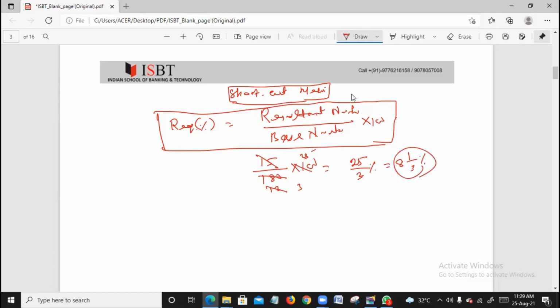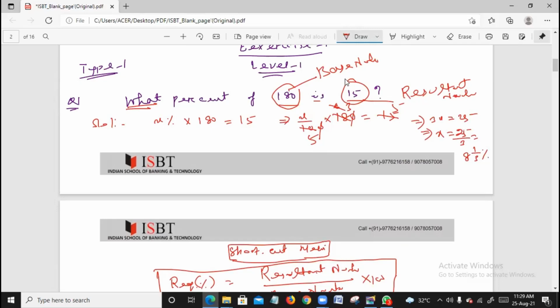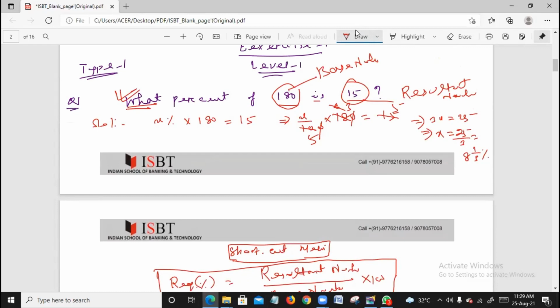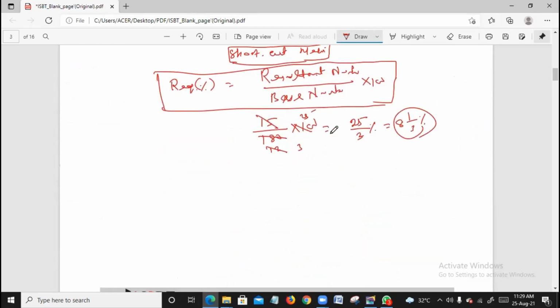Okay, it is very easy, easier than the first one. So without x we can solve. That means what percent of 180 is equal to 15? The resultant number divided by the base number into 100. Okay, it is very easy.